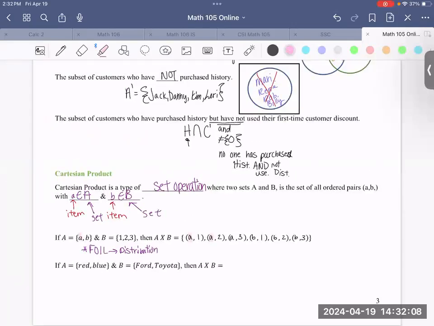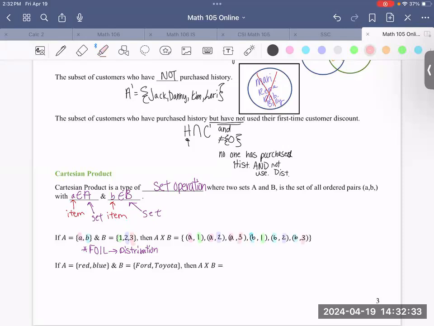So A, and then we get B, B, B, and one more time. I like to make things look nice and pretty. 1, 1, 2, 2, and get that one. 3, 3.